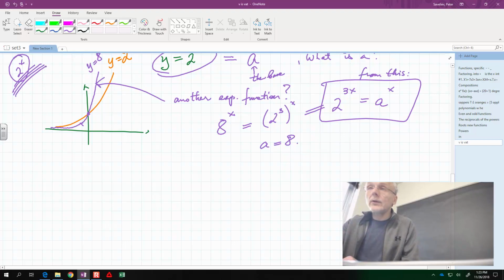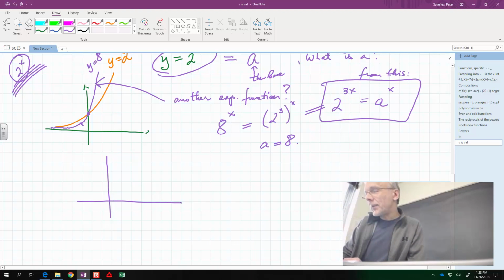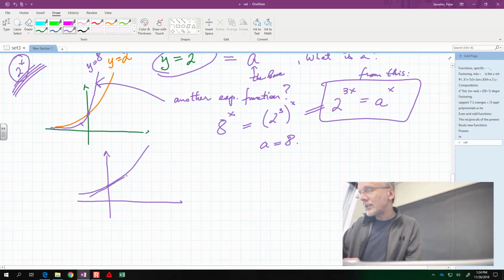The only question remains, and it's an interesting one: which one to pick? If anybody knows the answer, which exponential function would you pick as one representative? Well, it's virtually impossible to guess unless you know. In calculus we'll pick the one that crosses the y-axis at 45 degrees. This one.